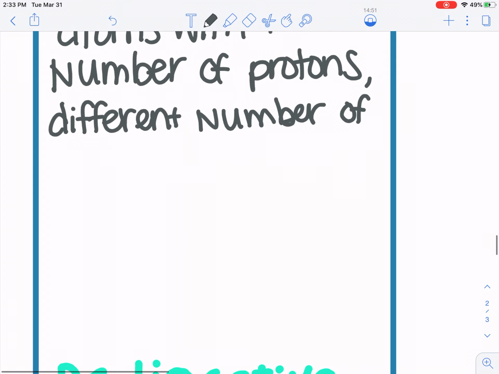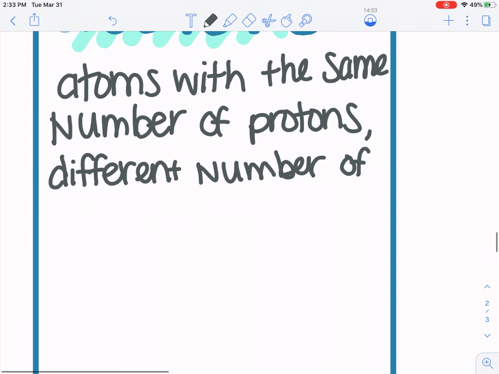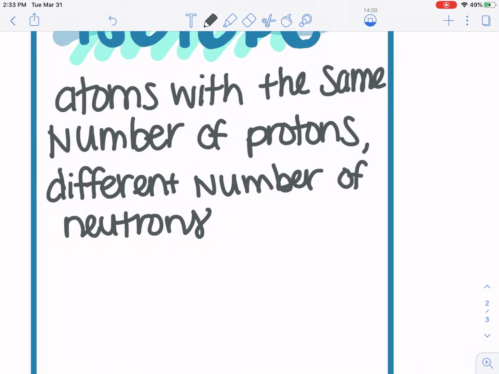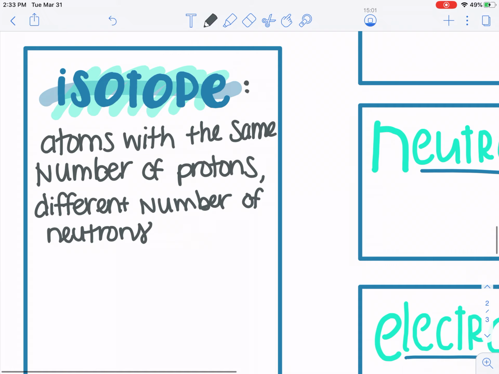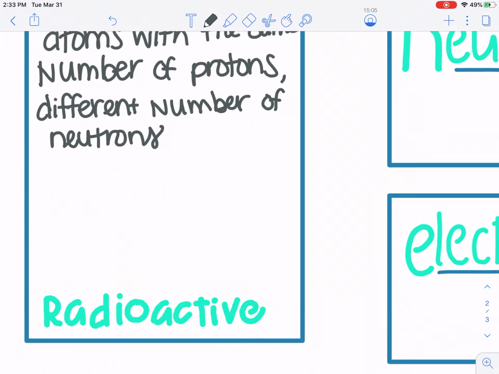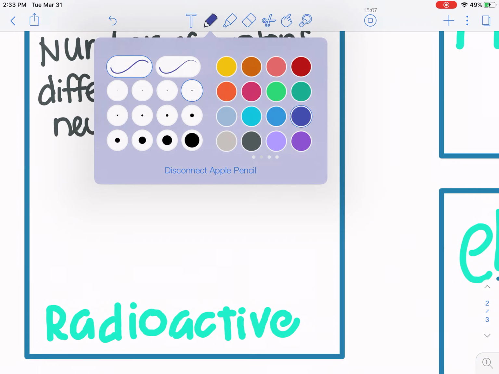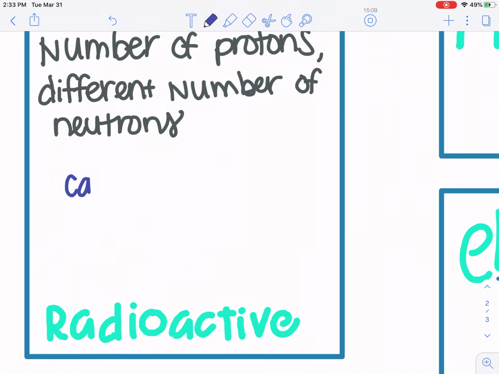Changing the neutrons does not change the identity of the atom. That would be protons. If we change the number of protons, we would have a different kind of atom. But neutrons, they have no charge. Their numbers can change. A common example is carbon 12 and carbon 14.